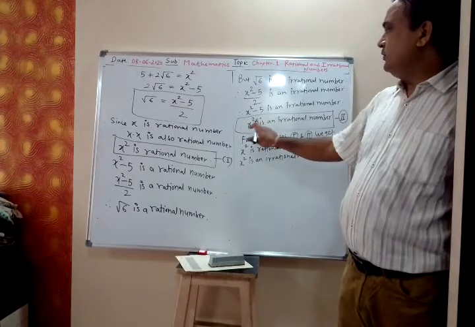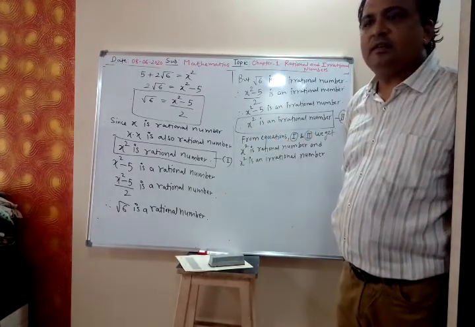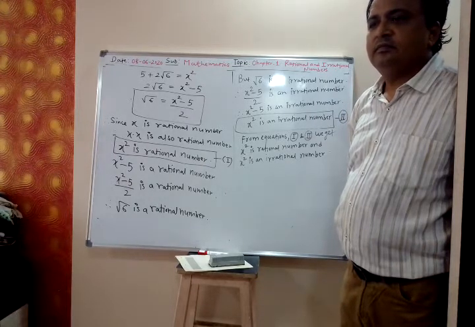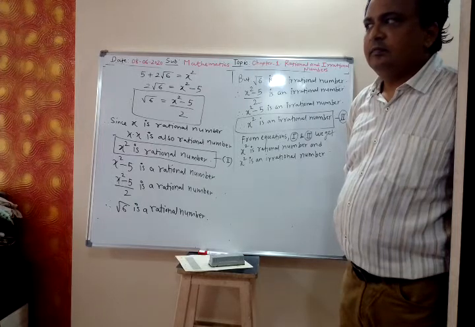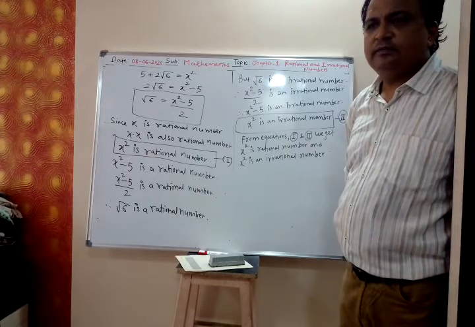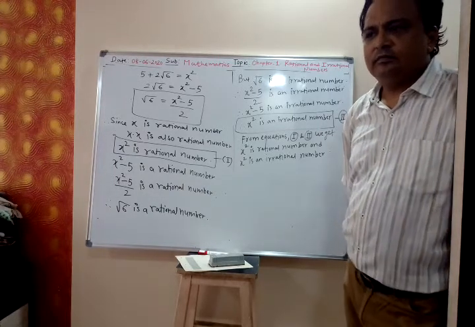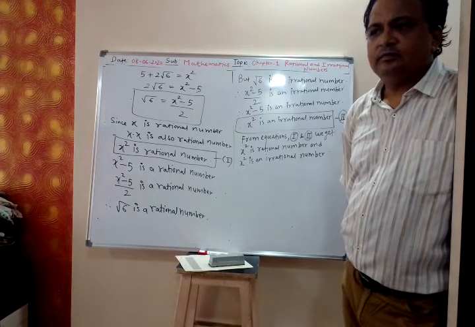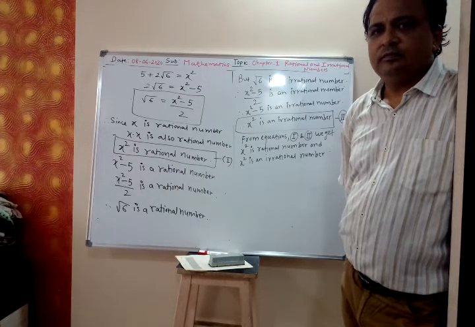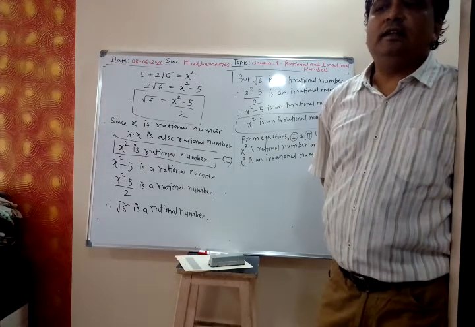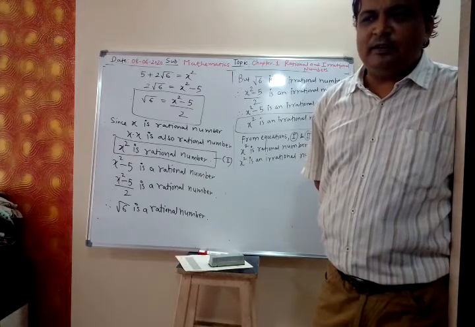From equation 2, x square is irrational number. Sir, it is blurred. Yes, sir. But I am able to see clear. Sir, it is clear. We will copy it in the notebook right now. It is in my laptop. I am clearly able to see.